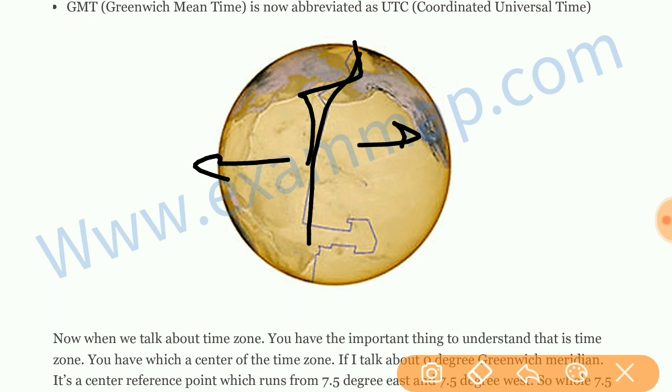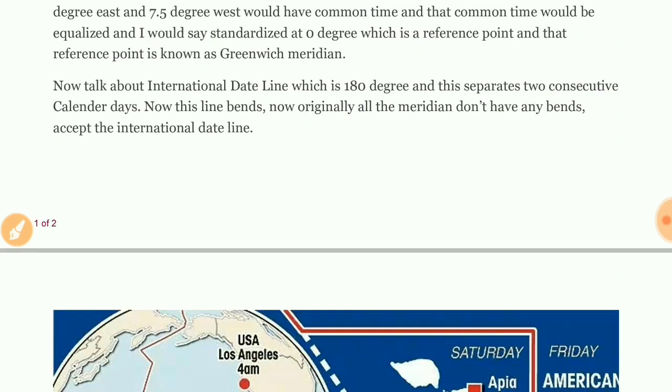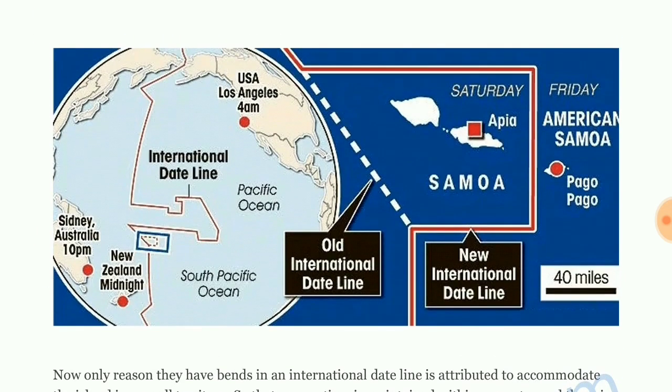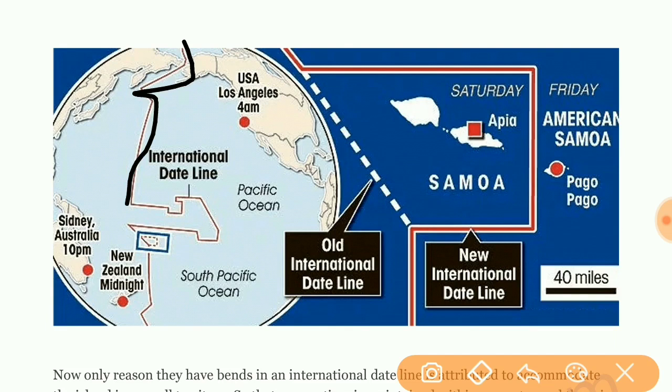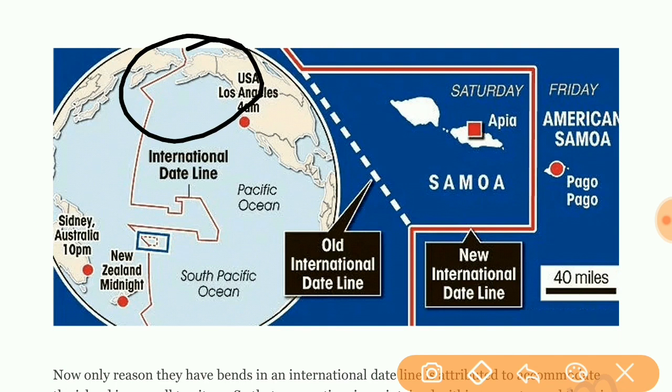How to calculate time or how it changes a day, I already told you. This is the international date line. You can see here, to avoid different times in the same island country, that's why we have a zigzag international date line.